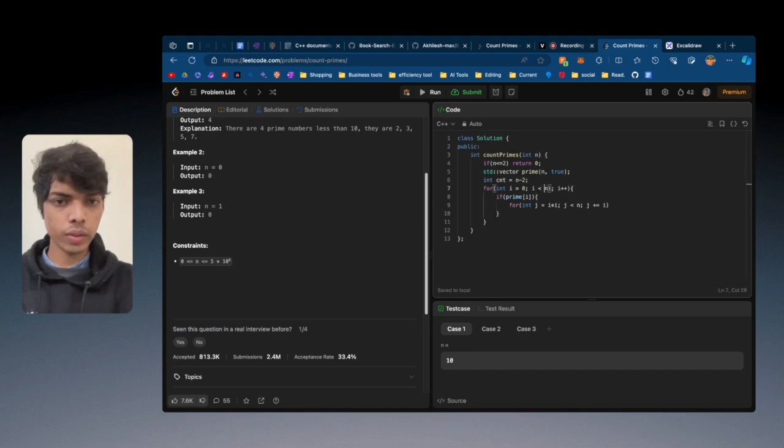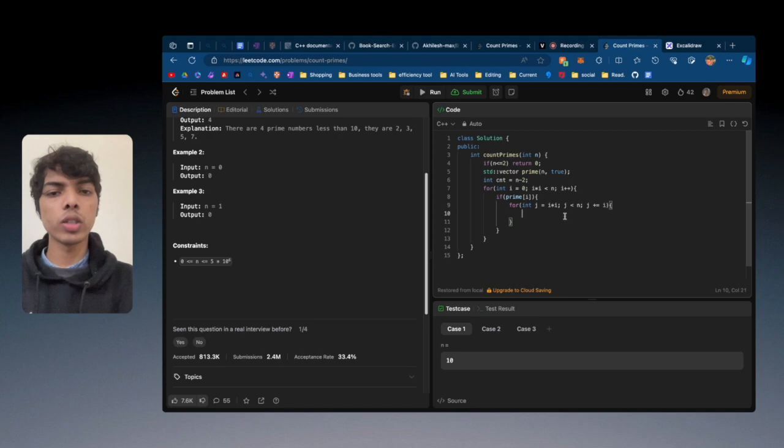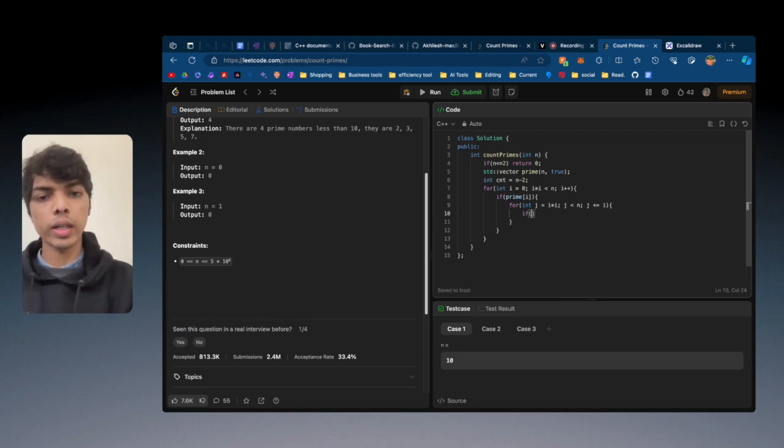Also, in this way we can have this as well, i square, i, just basic math, right? Now we will build the body of the loop, and in that we'll again check whether the current element is prime or not.